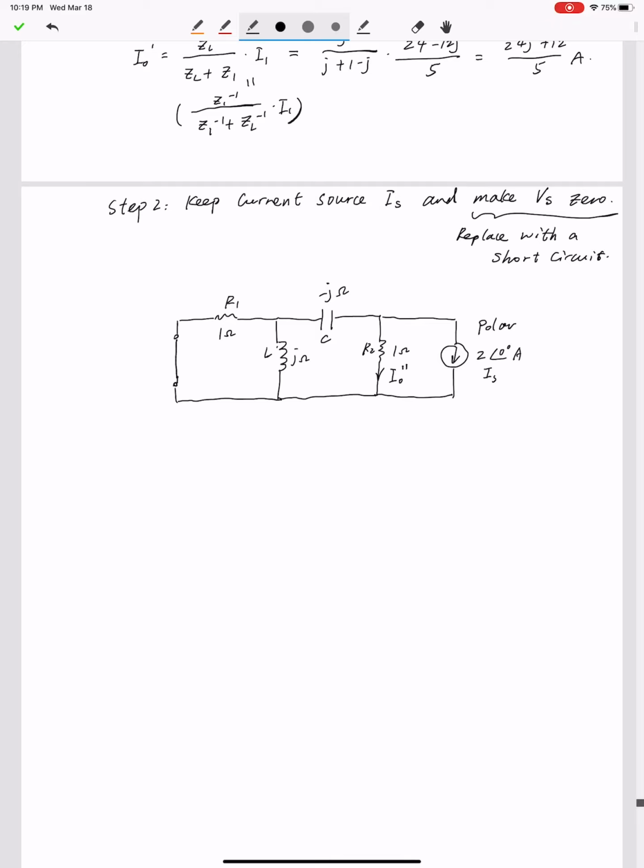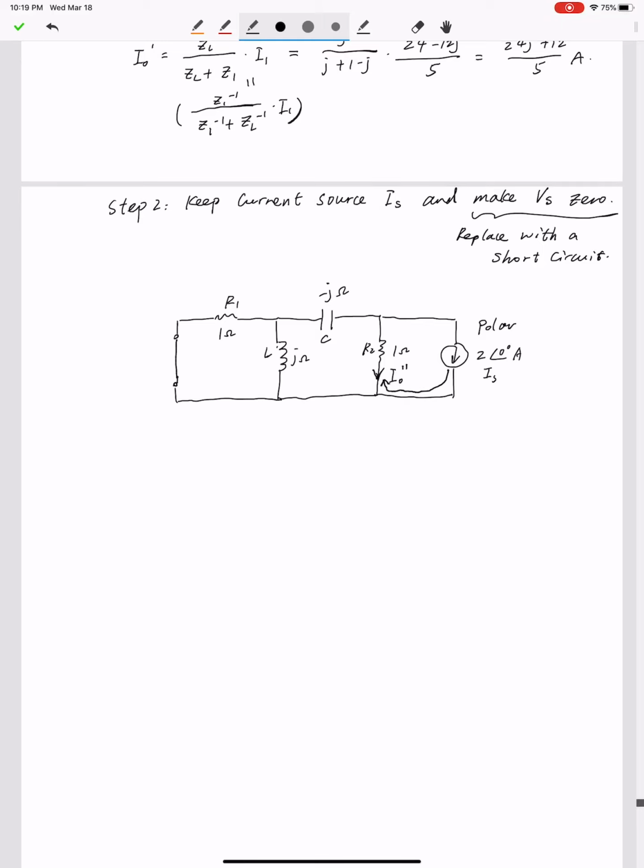But there's a tricky part. There's a tricky point for this circuit. As you can see, if the current flows from the positive side of this current source, and when it flows through R2, this current has the opposite flowing direction to I naught double dot, right?